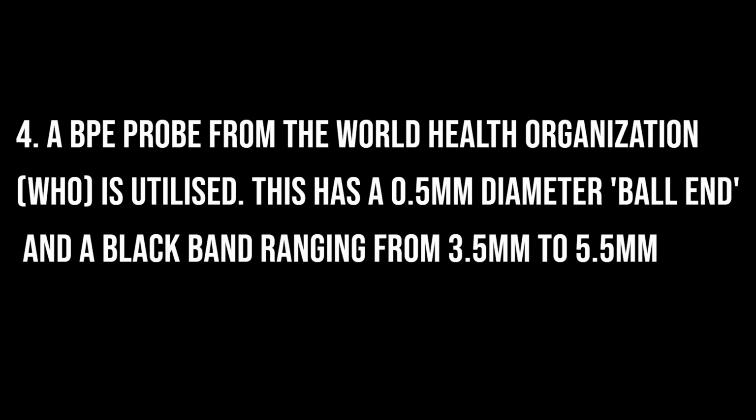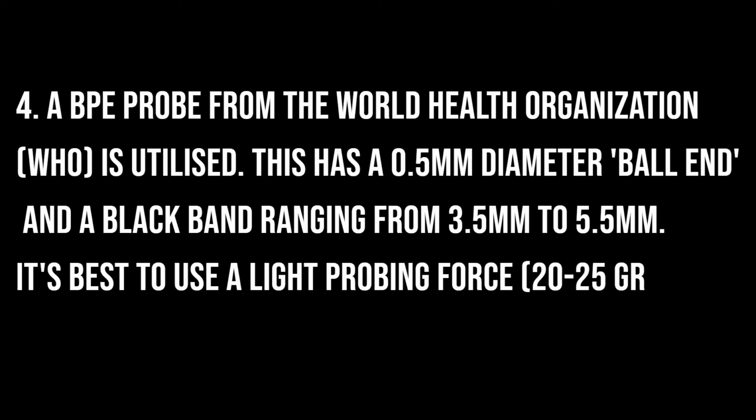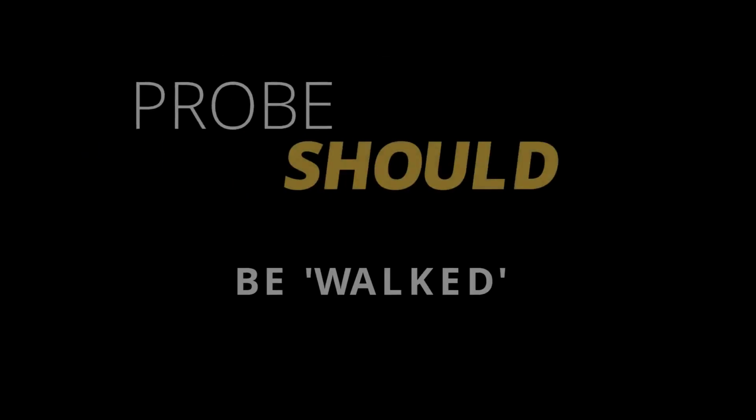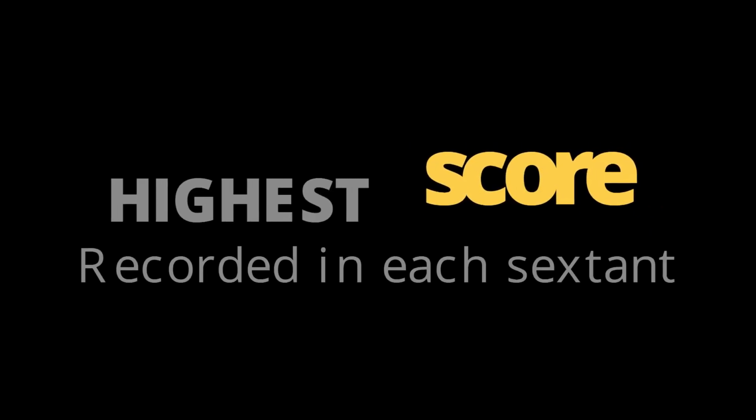It's best to use a light probing force of approximately 20 to 25 grams. In each sextant, the probe should be walked around the teeth before going on to the next sextant. All locations should be reviewed to ensure that the highest score in the sextant is recorded.